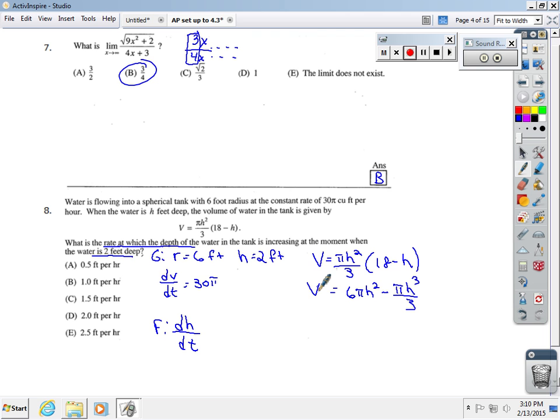Now when I take the derivative of this, it's going to be dV/dt is equal to 12 pi h dh/dt minus pi h squared dh/dt.